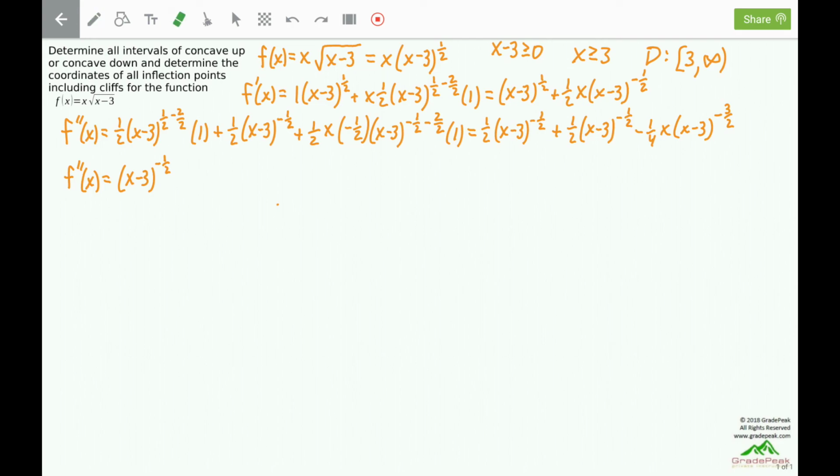And then we have the second term, which is negative 1/4 x times x minus 3 to the negative 3/2.